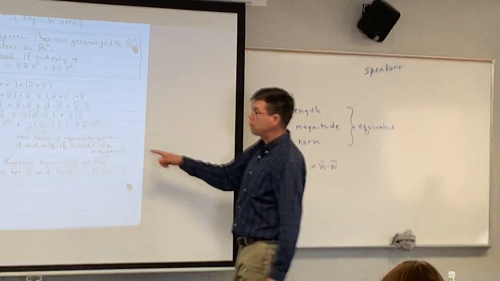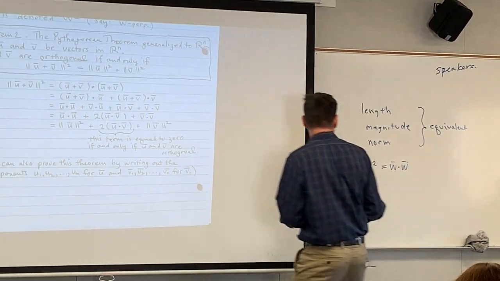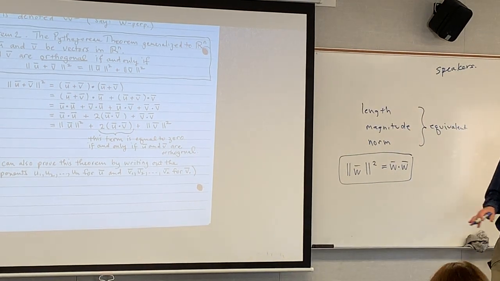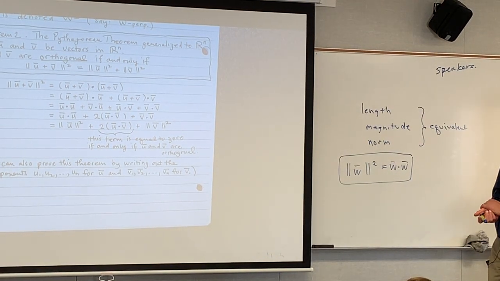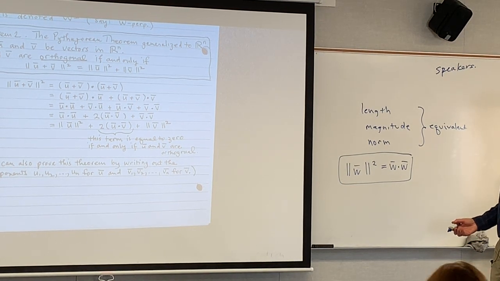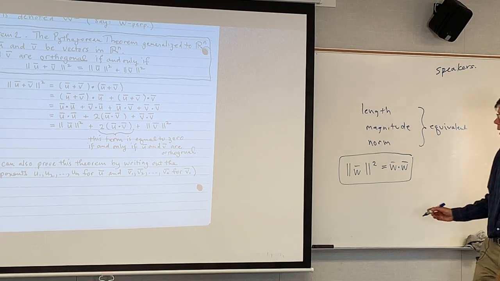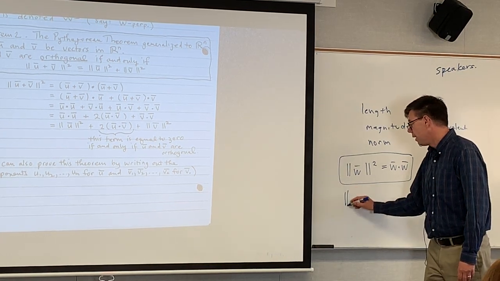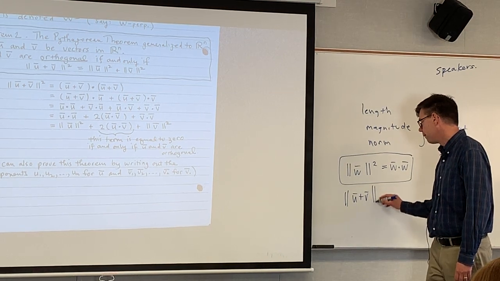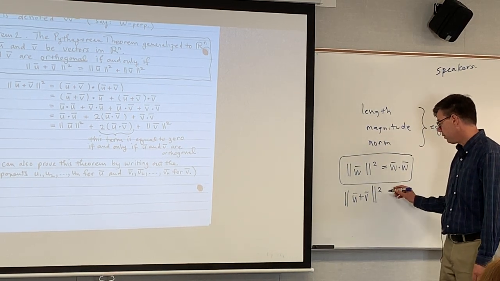So we're going to try to prove this working from this idea and not using components of vectors. You could write it out in terms of components of vectors. It's not hard. It's perfectly fine to do it that way. But notice this slightly fancy way of proving this. And we're thinking of this u plus v as a single vector, okay?